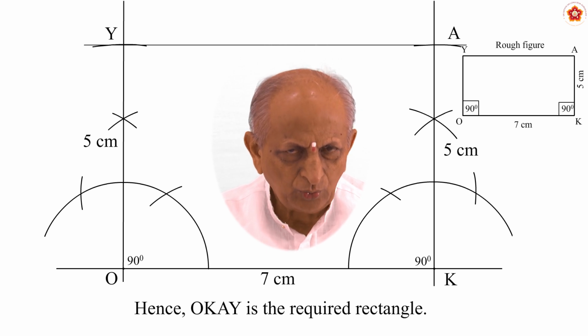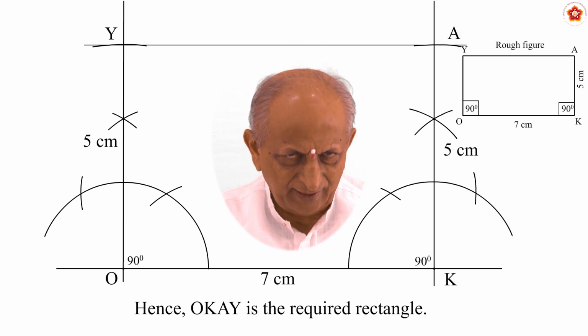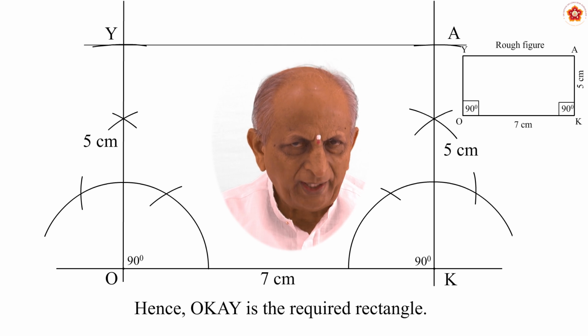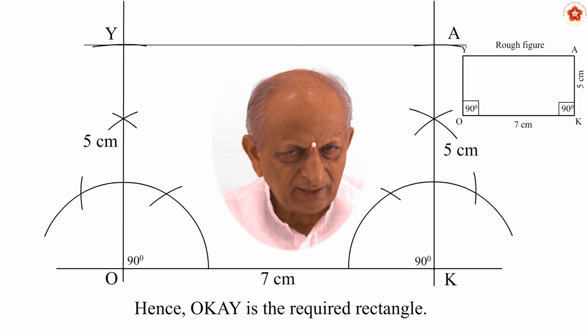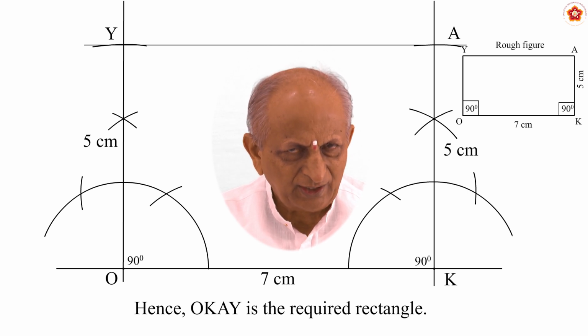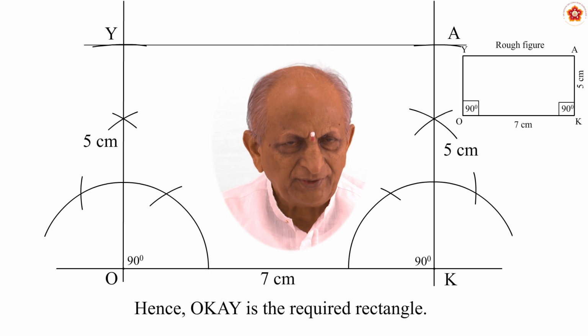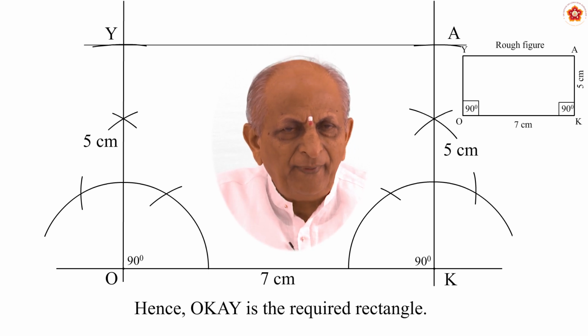So angle O, angle K, angle A, angle Y are all equal to 90 degrees. And the two diagonals, OA and KY, are equal to each other. And opposite sides are parallel to each other. Opposite sides are equal, also parallel. So these are the properties of a rectangle.